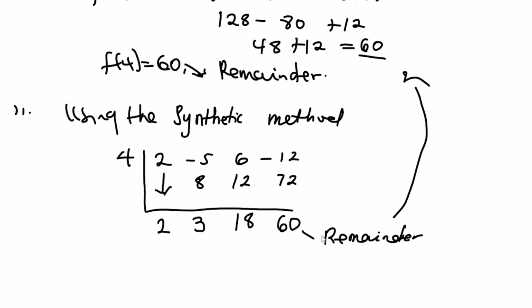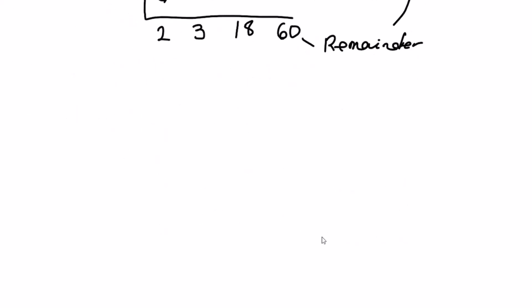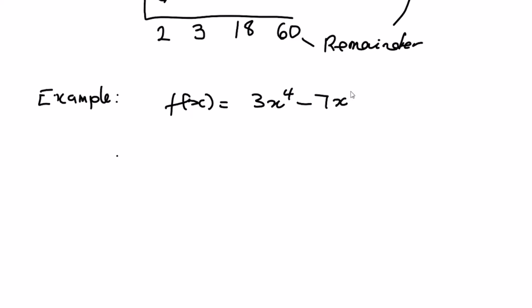Alright, let's take another example. We have a function, so our example 2. We have a function f of x being equal to 3x exponent 4 minus 7x exponent 3 minus 9x plus 12.